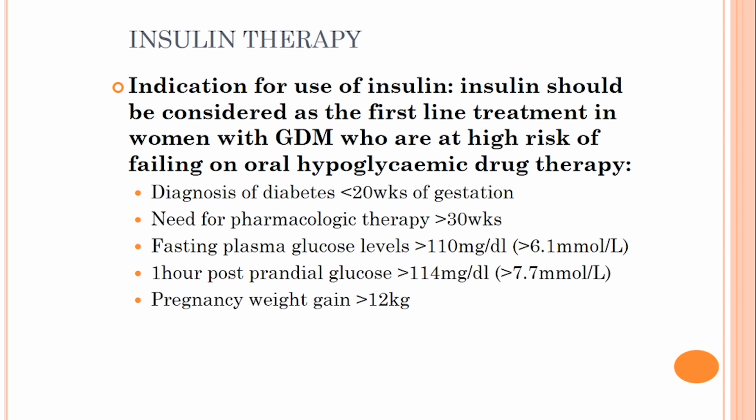Or when there is 1 hour postprandial glucose of greater than 7.7 millimole per liter, insulin should be the first line drug. And finally, when pregnancy weight gain has exceeded 12 kilograms in that index pregnancy, then the patient is a candidate for insulin therapy.